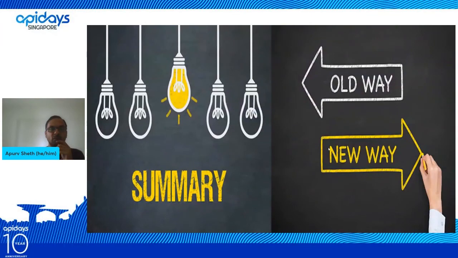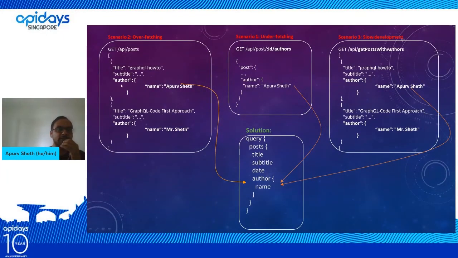So now if we look at the old way, where we have to introduce a new endpoint or change an existing endpoint, and the new way of implementing it, how it resolves this issue. These are the three scenarios which I have just explained. There is underfetching, where author is not required, but still it is there.